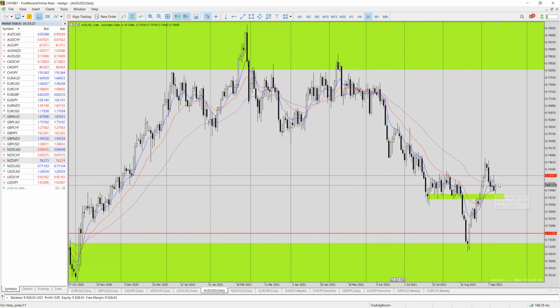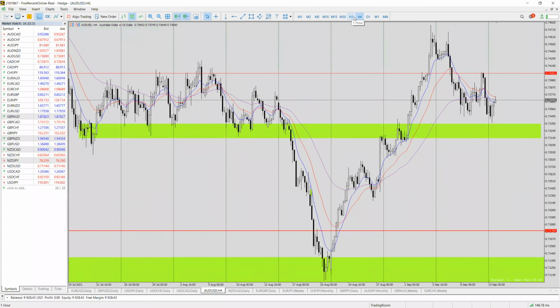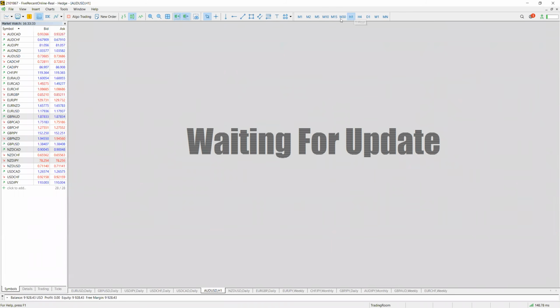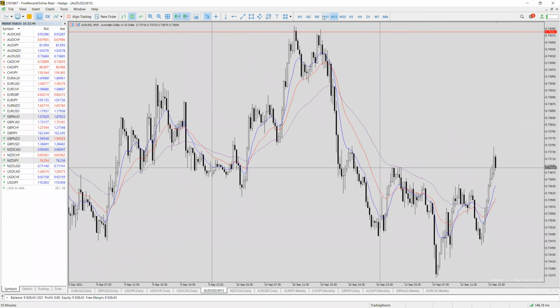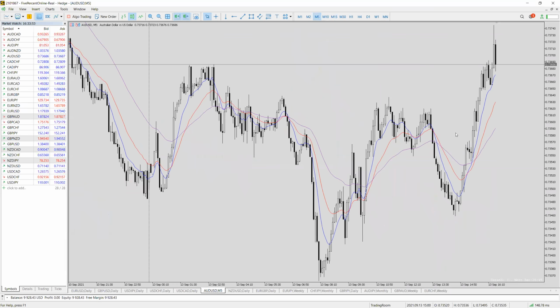Also the moving averages could give it some support on the daily chart. On shorter time frames, wait for some clear direction. At the moment there is no clear direction, it's moving sideways. So only if you're looking for quick scalps or quick trades.